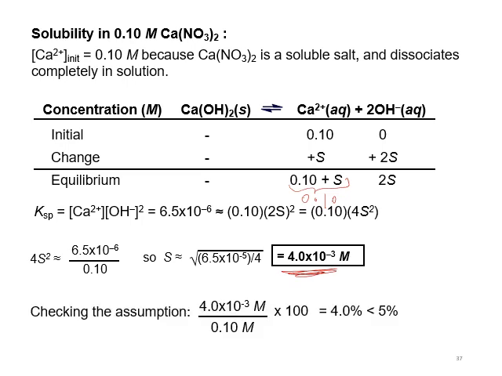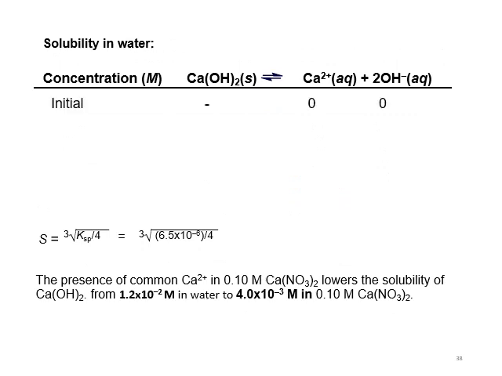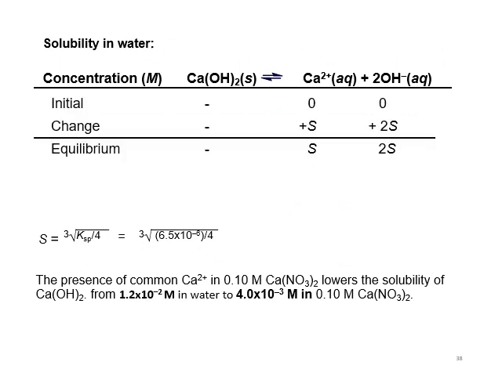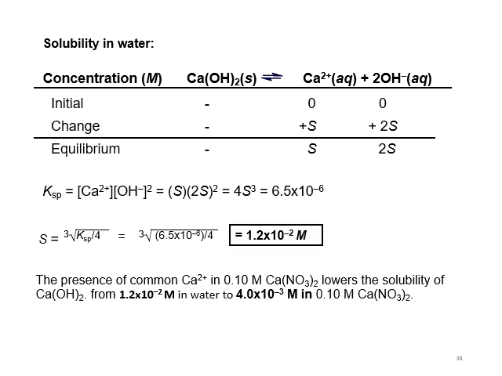Now the second part wants me to calculate this in water. If it's pure water, I do not have any of these ions to begin with. It's going to be 0, 0 for both initially, plus S, plus 2S, S, and 2S, which means my expression for Ksp is going to be calcium ion times hydroxide ion, S times 2S squared, which would give me 4S cubed. Plugging in the value of Ksp, I can solve for capital S, which comes out to 1.2 times 10 raised to power minus 2 molar.